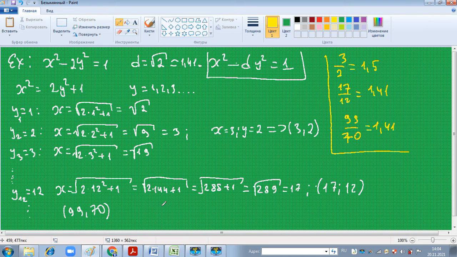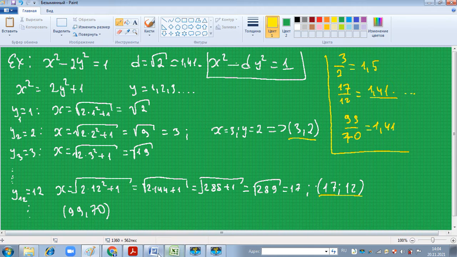And next, we can see 3 over 2. Okay, 3 over 2 is 1.5. 17 over 12 is 1.41, and so on.